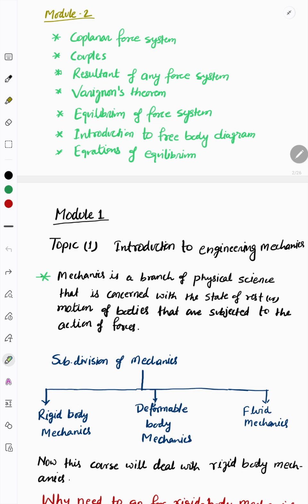If different types of forces are applied on a body, how is the body going to react, what is going to happen to the body, to the members, to the structures, that we are going to deal with.